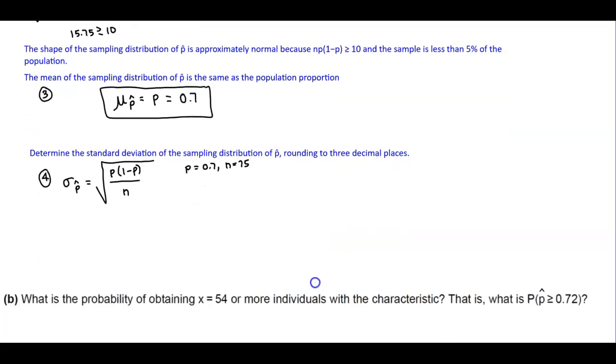So let's fill that in. That's the square root of 0.7 times 1 minus 0.7 divided by 75, which equals the square root of 0.0028. And so the standard deviation of the sample proportion is approximately 0.052915.